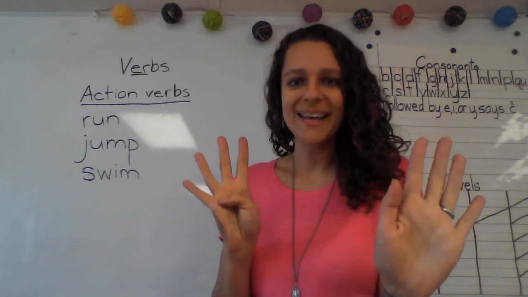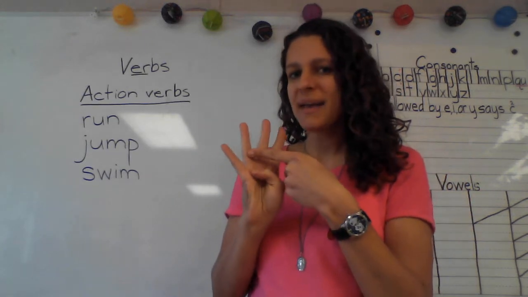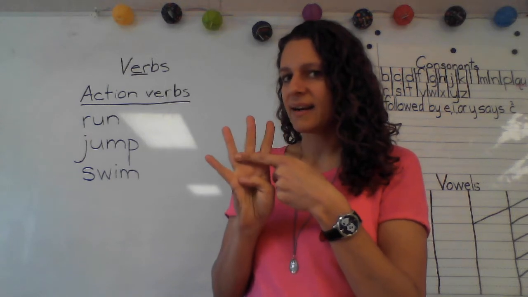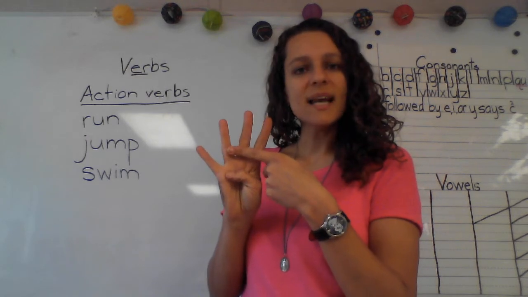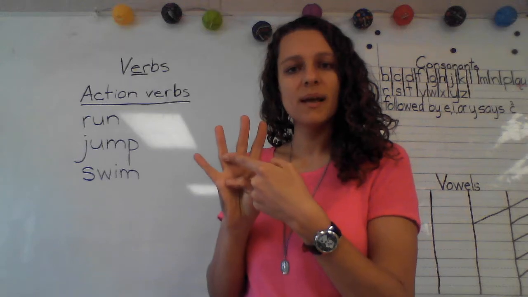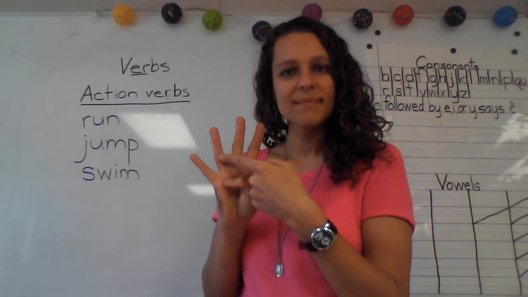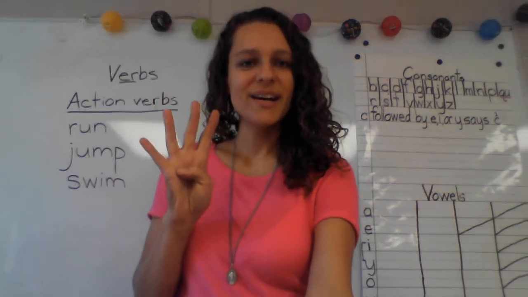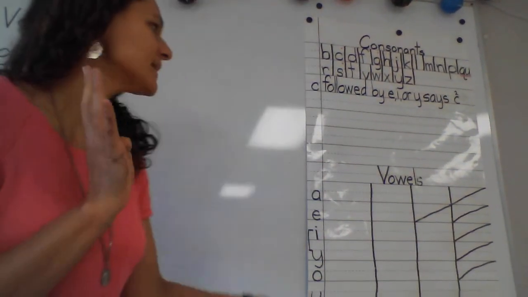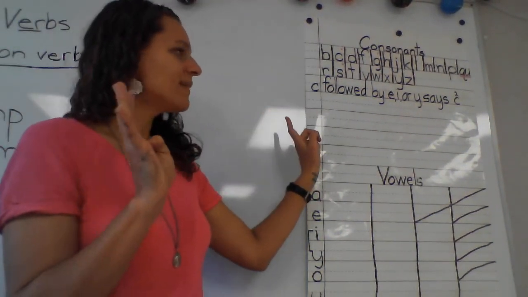But wait, don't write it yet. For k, we have to use line letter k. Class, can you tell me why we can't use k, s? All right, if you're not sure, let's look over here at our consonants poster and read this.